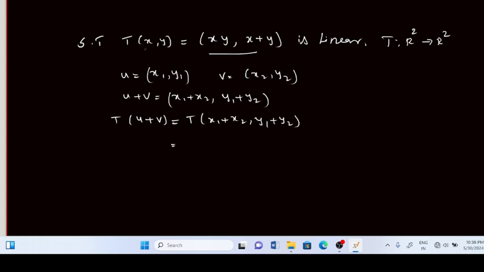So here we have the function (x into y, x plus y), where x is x1 plus x2 and y is y1 plus y2.